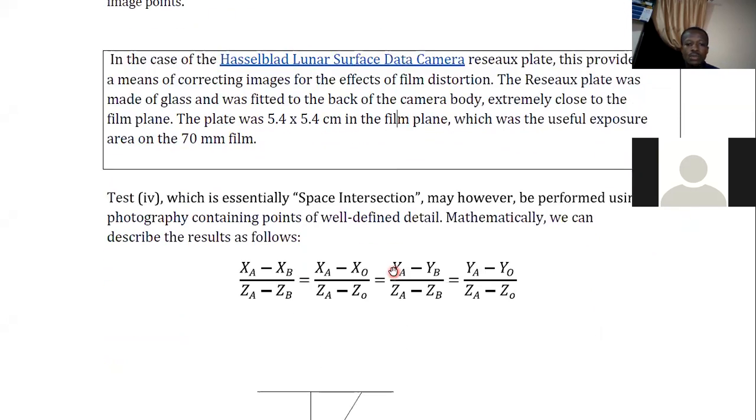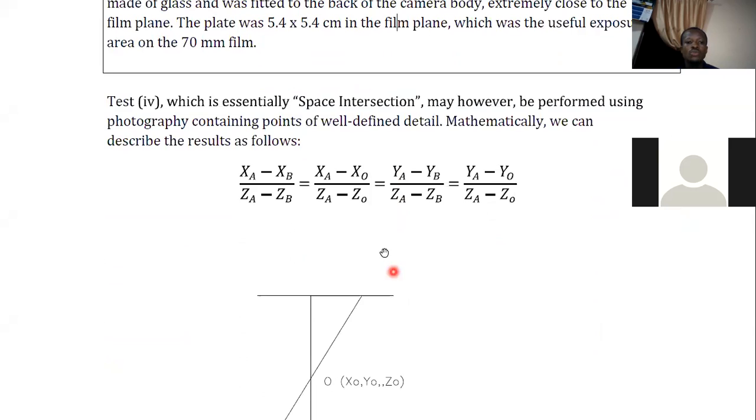So moving forward, we should be able to do the fifth test, which is also space resection. It should be possible to carry out space resection. This equation is very simple. It relates any ground coordinates for points A, B, and C with the actual perspective center coordinates, X naught, Y naught, Z naught.